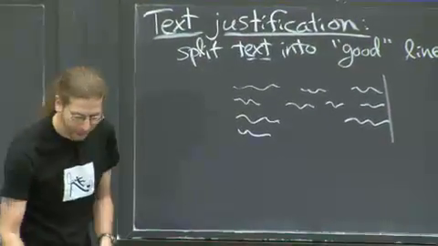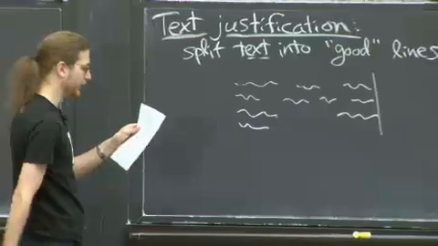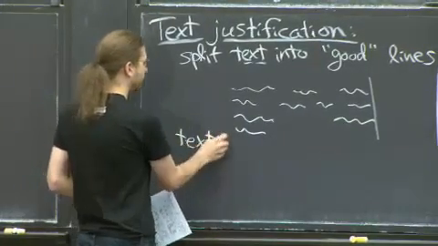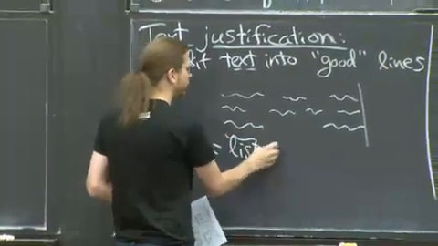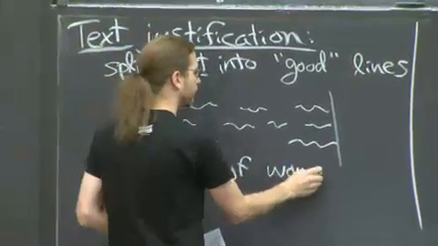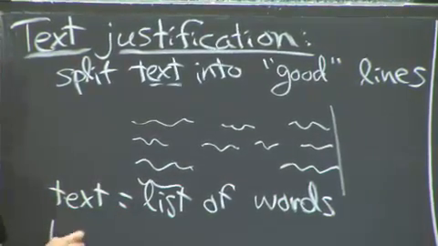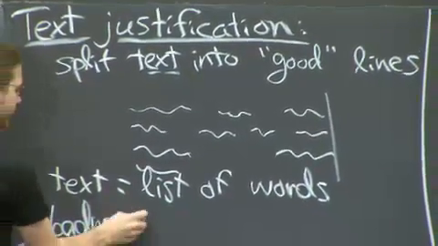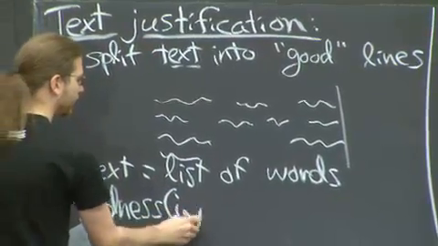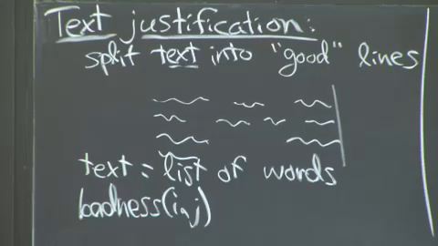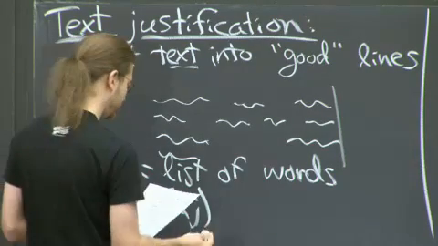So let me specify a little bit more about what we mean here. The text we're going to think of as a list of words. And we're going to define a quantity, badness. This is an aesthetic quantity, if you will. I'm going to tell you what LaTeX uses.